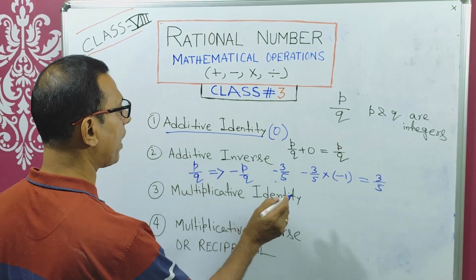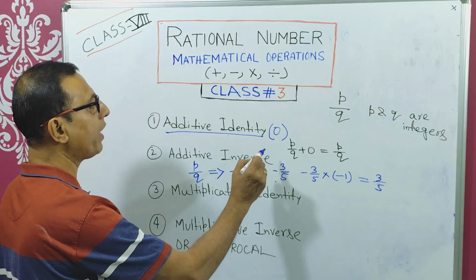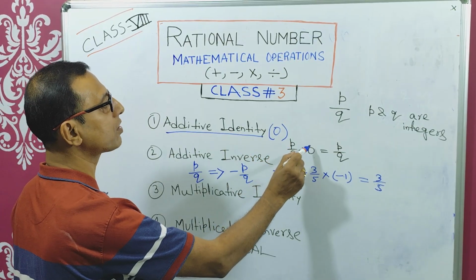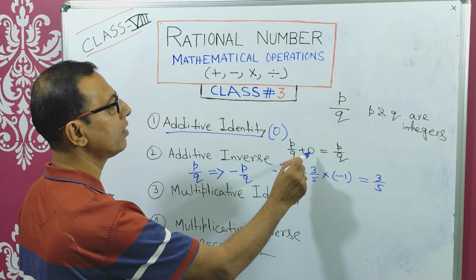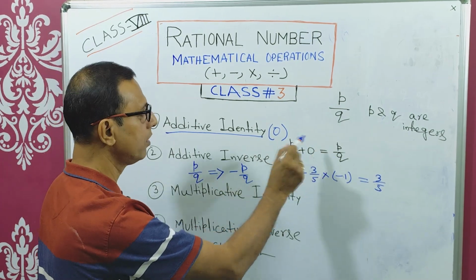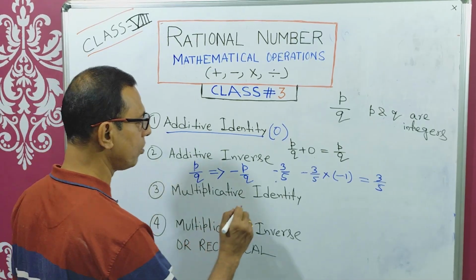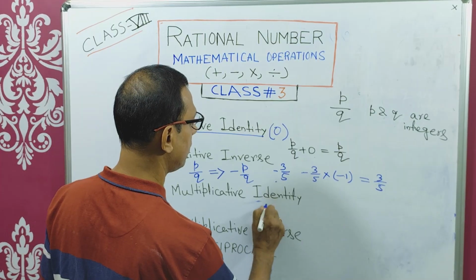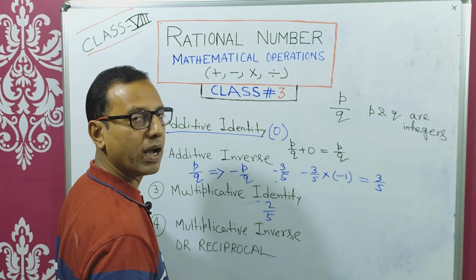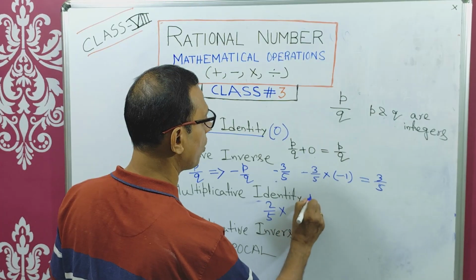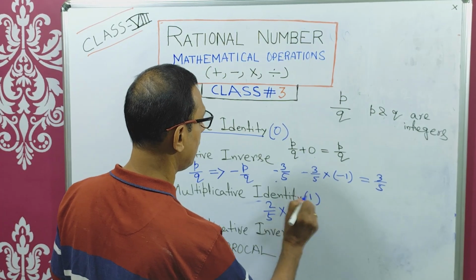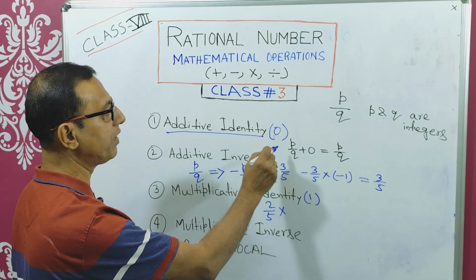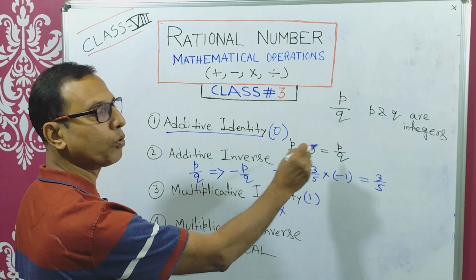Okay. What is multiplicative identity? In the same way that adding or subtracting 0 doesn't make any change to a rational number, for multiplication also, if a rational number is given, let's say 2 by 5, and you multiply with 1, it is called multiplicative identity. 1 is called multiplicative identity. 0 is called additive identity, used for addition and subtraction, where there is no change.